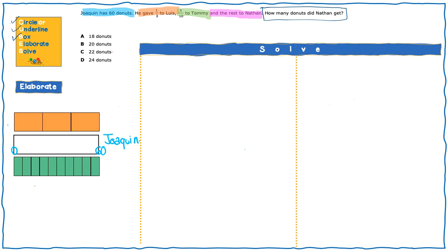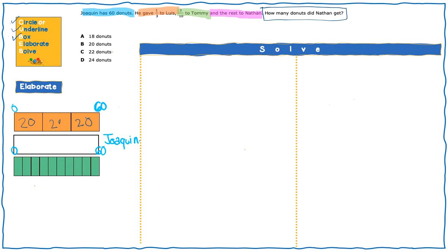So if all of this is 60, this is 0 and this is 60 based on what Joaquin has. So how many donuts are we gonna have in each third? Yes, it's gonna be 20. Awesome. Because 20 plus 20, 40. Great. Plus 20, that's 60.